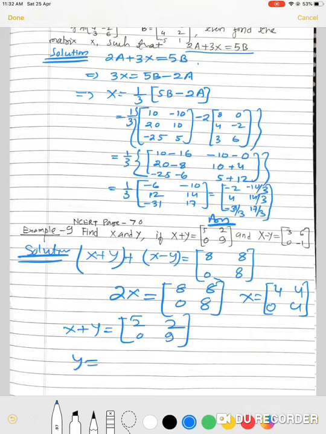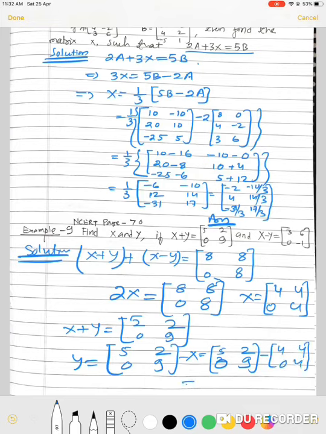So Y is equal to 5, 2, 0, 9 minus X, which is 5, 2, 0, 9 minus 4, 4, 0, 4. We get here 1, minus 2, 0, 5.